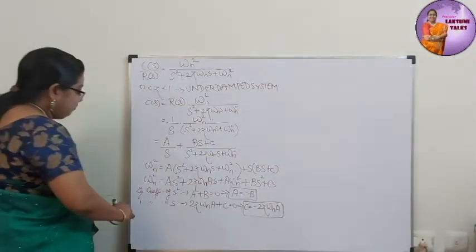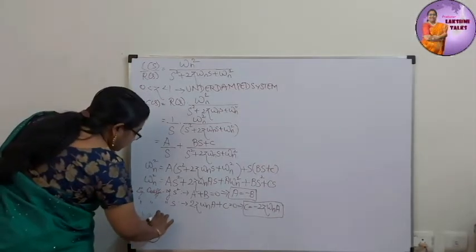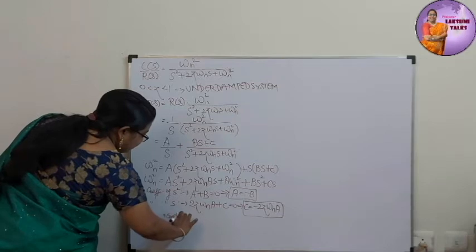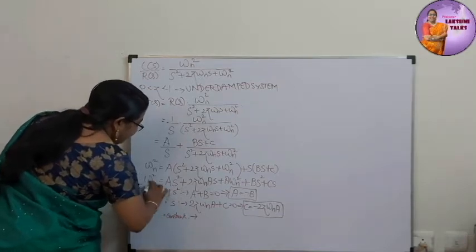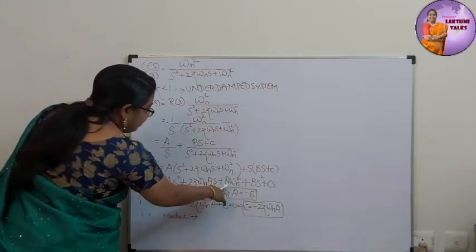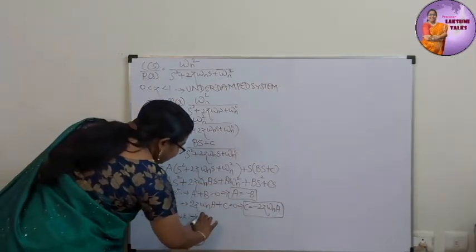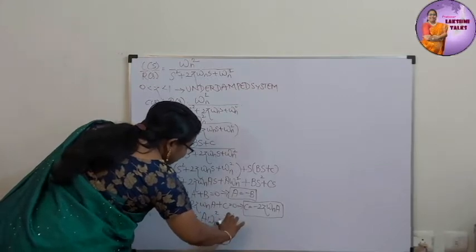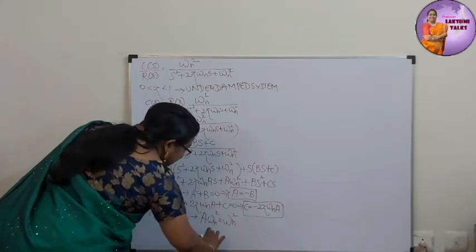And what will happen when we equate the coefficient of constant on both sides? Left hand side we have omega n square, and what about right hand side? We have just A omega n square. So A omega n square is equal to omega n square, which means A is equal to 1.